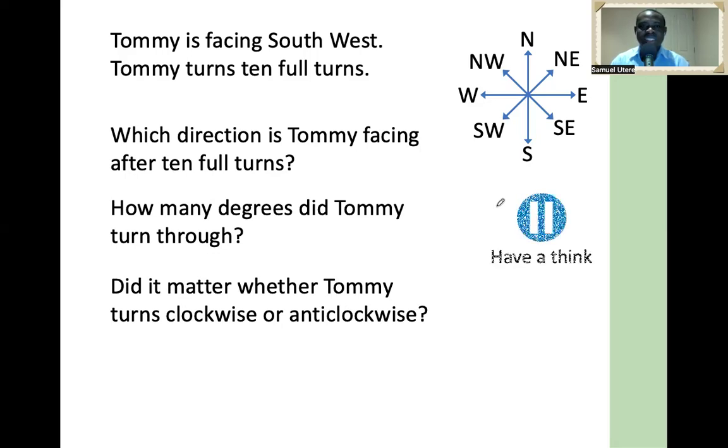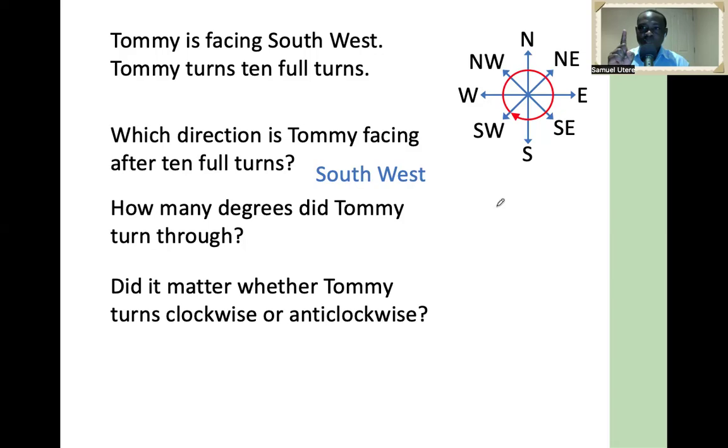Okay. Well, first thing, let's talk about which direction Tommy is facing now. So if Tommy makes one full turn, Tommy is going to be facing southwest. Now, if he turns 10 full turns, he's going to be still at southwest. Okay. How many degrees did Tommy turn through?